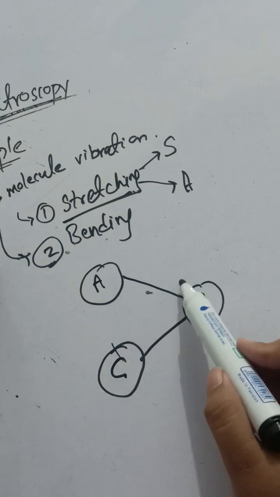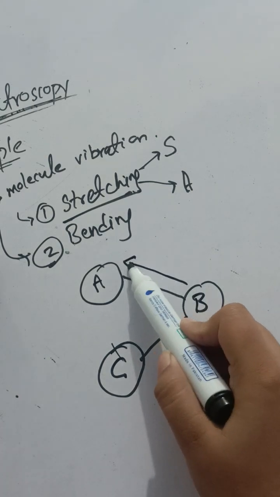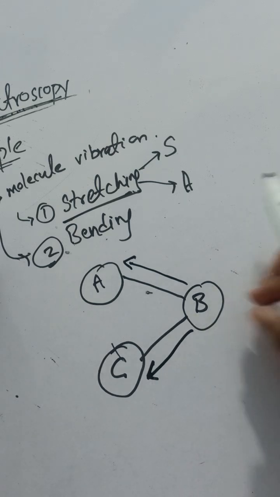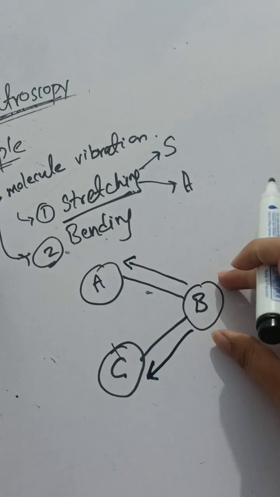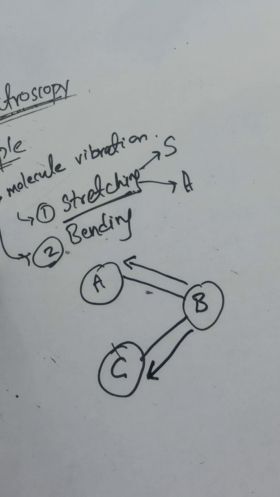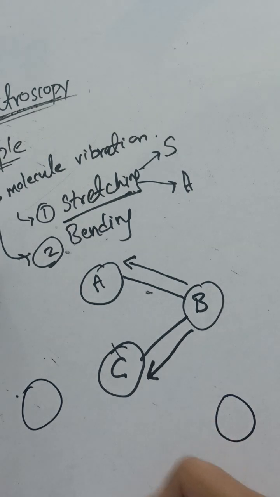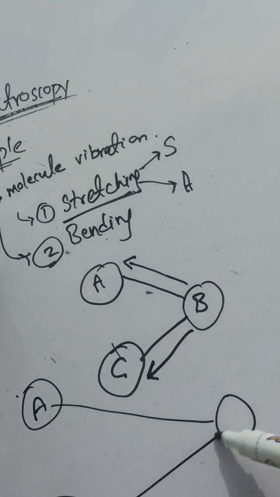If both of these bonds move away, both moving far away from the B atom, it means it is symmetrical. Both bonds increase or decrease in length simultaneously, like both bonds increase their length. After the stretching, A moves here and C moves here, both bond lengths increase.